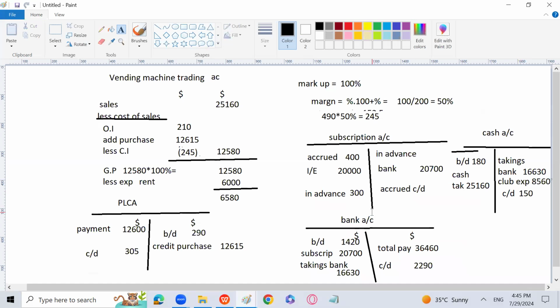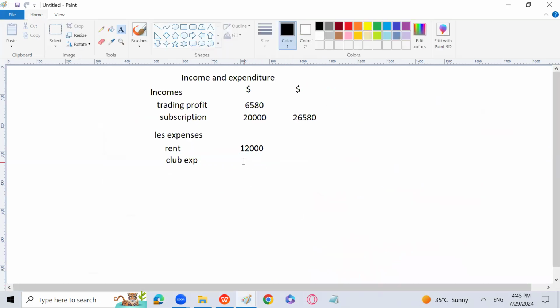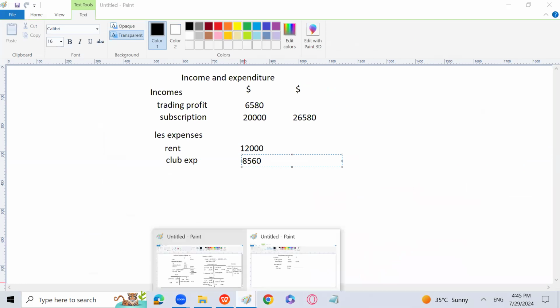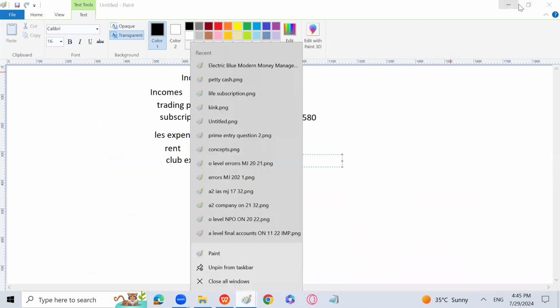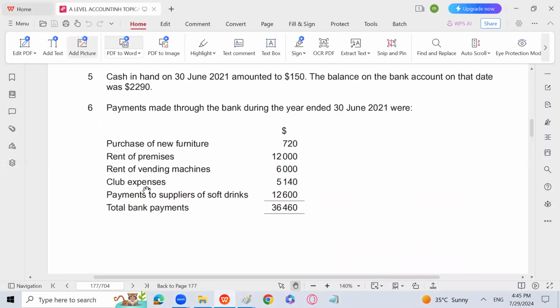So I will write the club expenses 8,560 over here. Then let's see what more expenses are given. There are other club expenses also, 5,140.